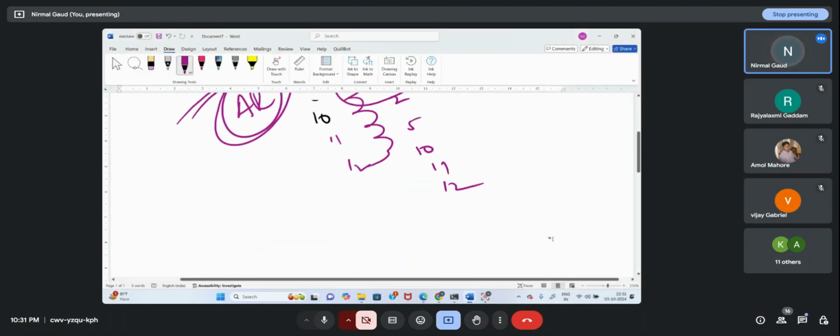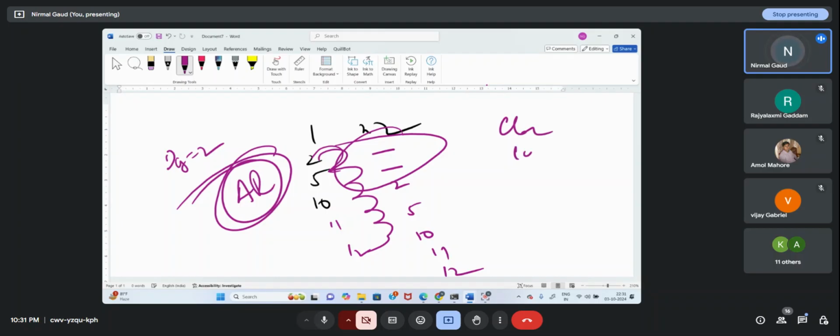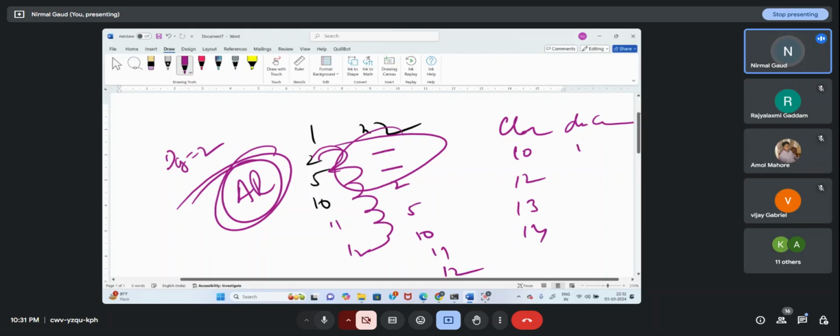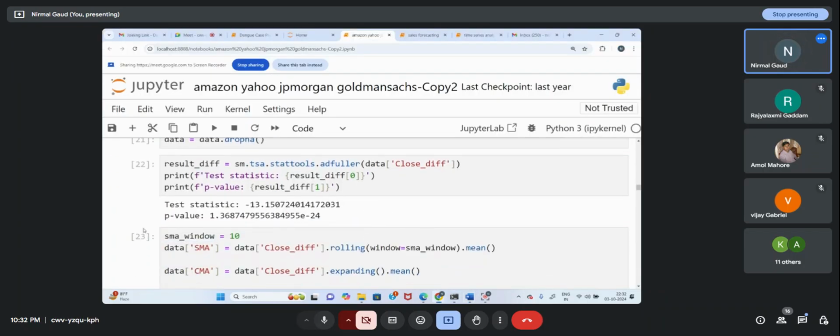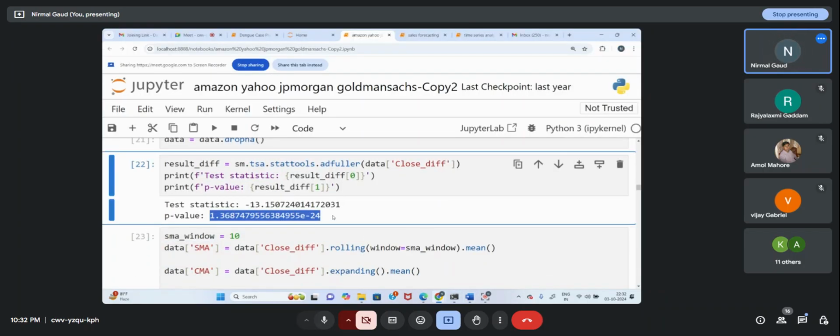If close has values 10, 12, 13, 14, then for the difference, the first value has no previous value, so nothing. Then 12 minus 10 is 2, 13 minus 12 is 1, and so on. You have to calculate the difference and then put it again into the ADF test. Now it is 1.31.